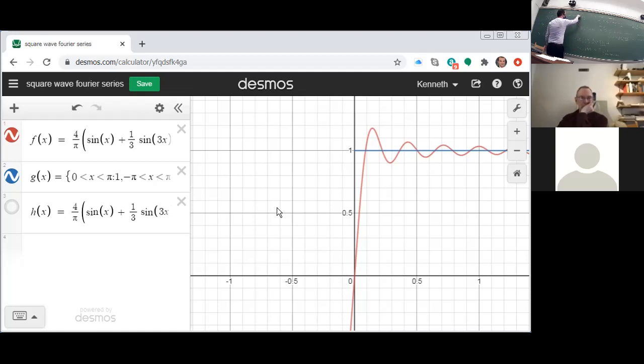Just take an odd extension, and then find the Fourier series of this. So it's not like this only works on periodic functions. It's much better than that. It works on any function that's compactly supported, but you do these little tricks to write it in this way.